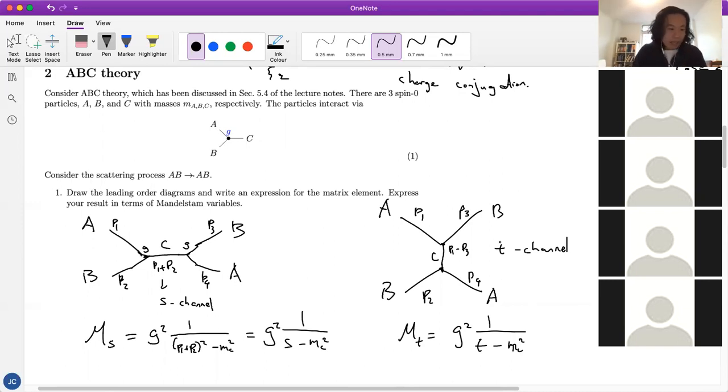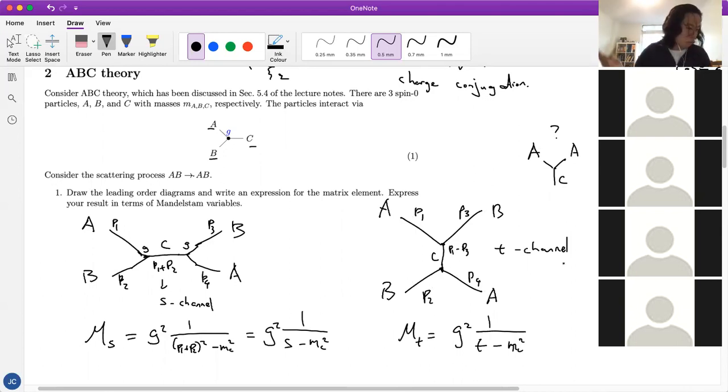In general, there technically is another channel, the U channel, but we don't have a U channel here, because if I want a U channel, I have to connect P1 to P4. Connecting P1 to P4 means I'll have a coupling with particle A coupled to particle A with the propagator C, and that's not a vertex that's allowed. I'm only allowed to couple A, B, C to each other, so I can't double count A, and I can't connect B and B to each other.